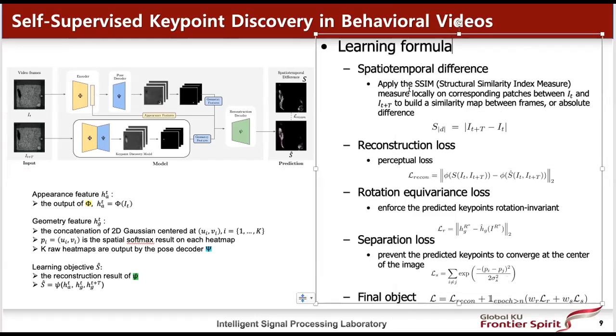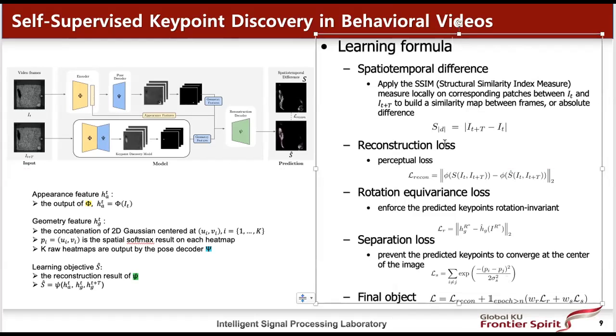We can calculate it using the SSIM measure, absolute difference, or just the simple difference between the reference frame and the future frame.